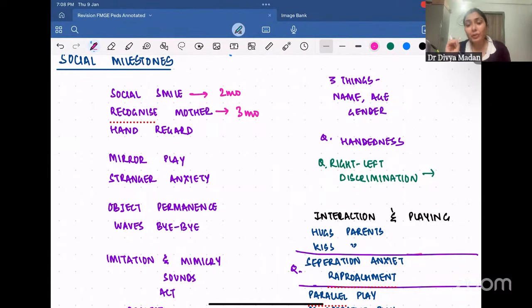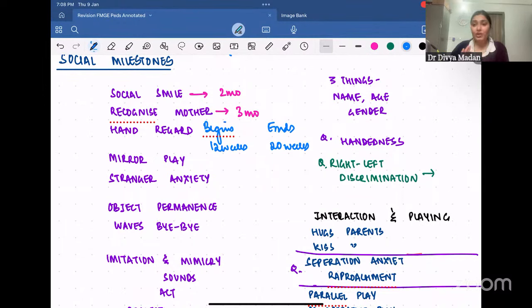It is seen that even blind babies do that. This hand regard begins at 12 weeks, that is 3 months only, and it ends also at 20 weeks. This cannot go on, so it ends also. It comes at 12 weeks and ends by 20 weeks.